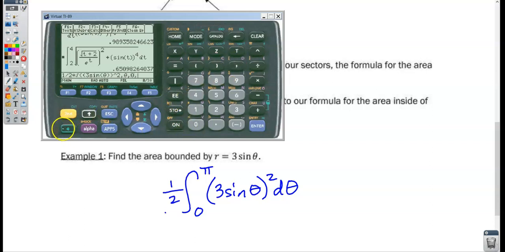If you have your calculator in polar mode, if you're using like an 83 or 84, that theta button should automatically bring theta onto your screen when you do this stuff.